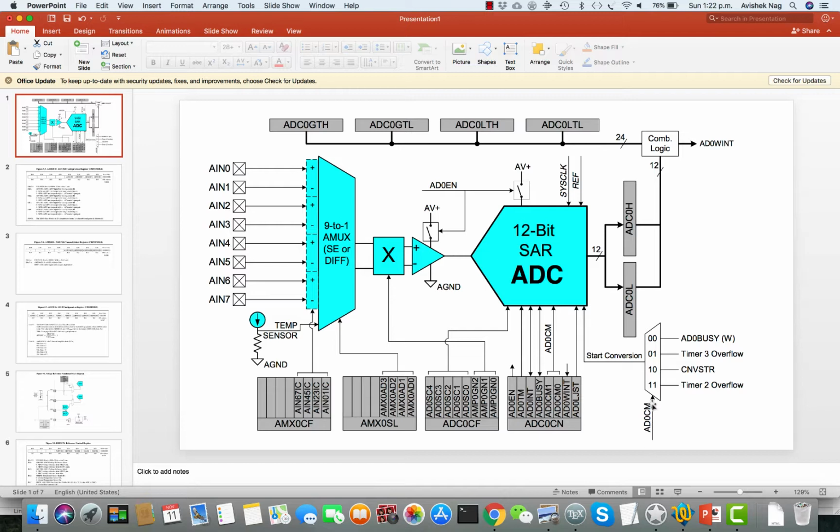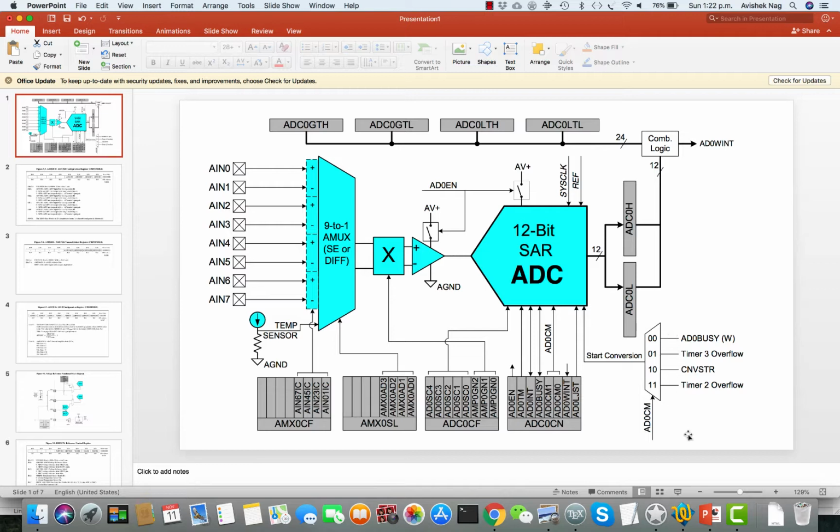This multiplexer is activated by the ADC0CM bits, and based on the combination of these bits, the ADC will start conversion by one of these 4 methods.